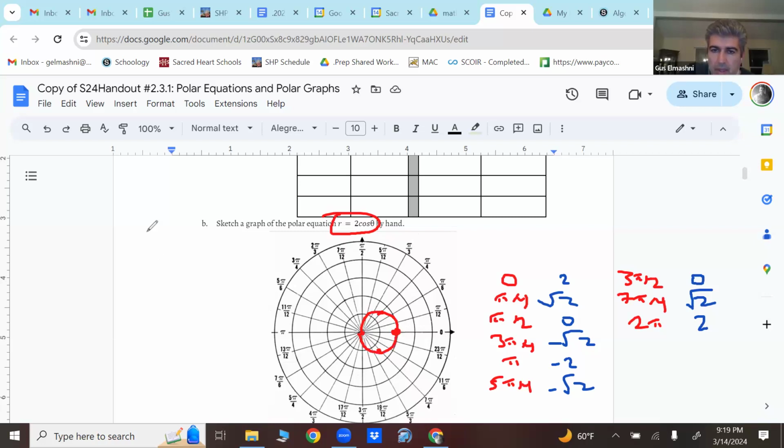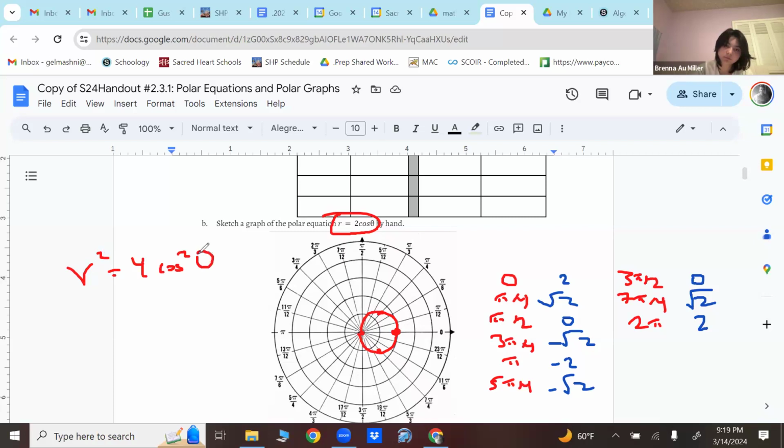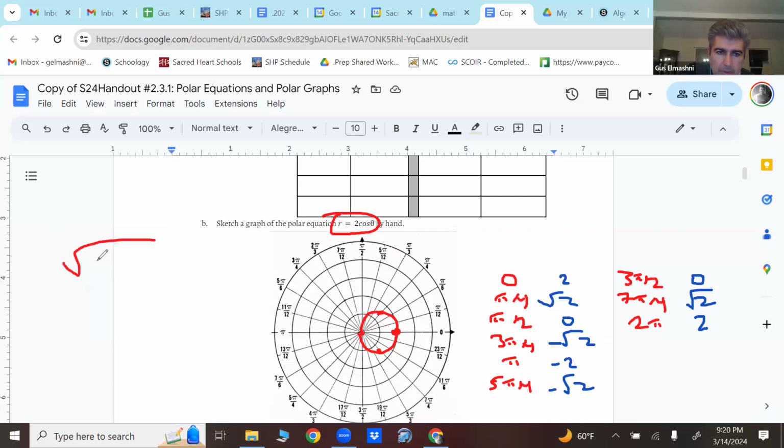So it's just a circle, which makes sense because if I square both sides, actually, hold on. Does that make sense what I'm doing? Let me back up a little bit. We know r is root x squared plus y squared, and cosine theta is x over r.